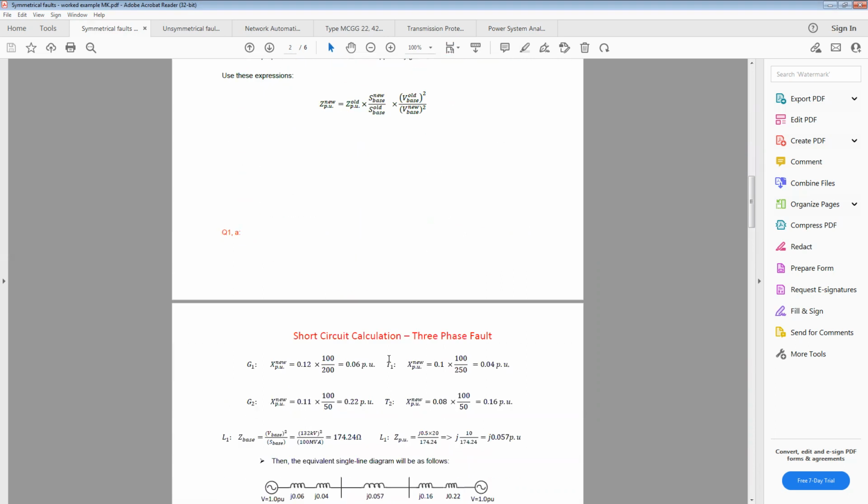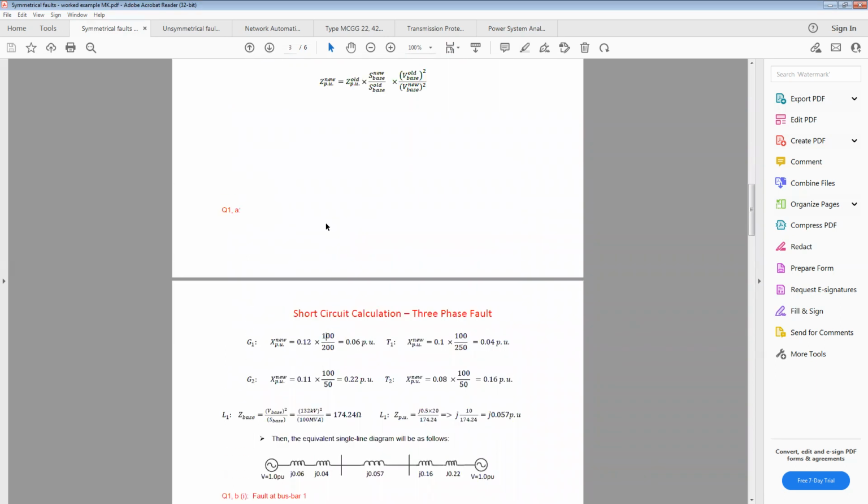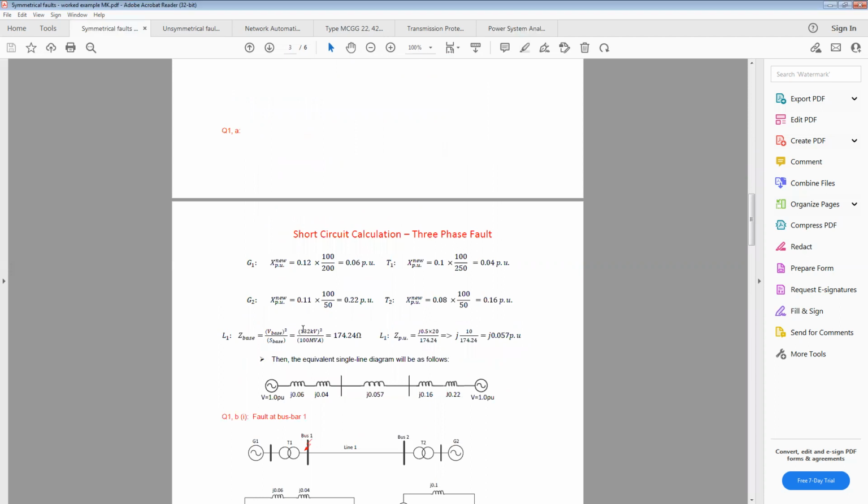Based on this formula, we calculate, for example, the G1 parameter, because we now have a new base of 100 MVA compared to 200 MVA, which is the old value. What does this old mean? The actual network data. So we just convert into a new MVA, and then we also calculate T1, transformer 1, G2, and T2.